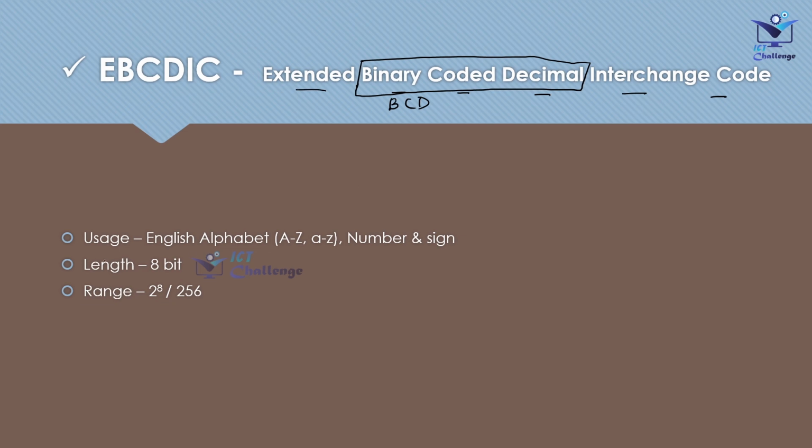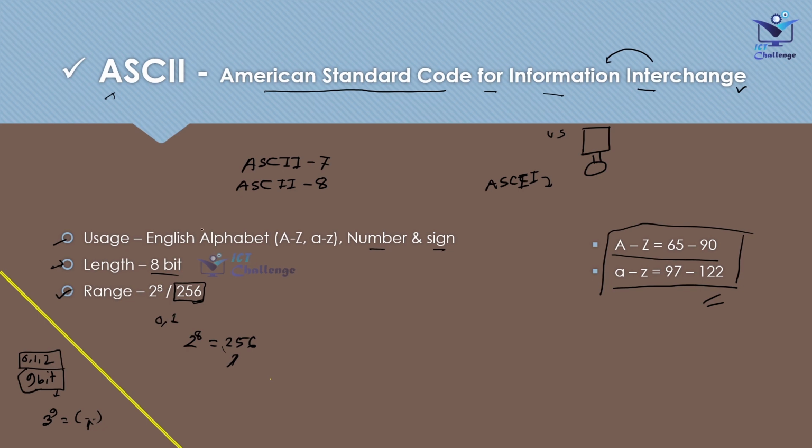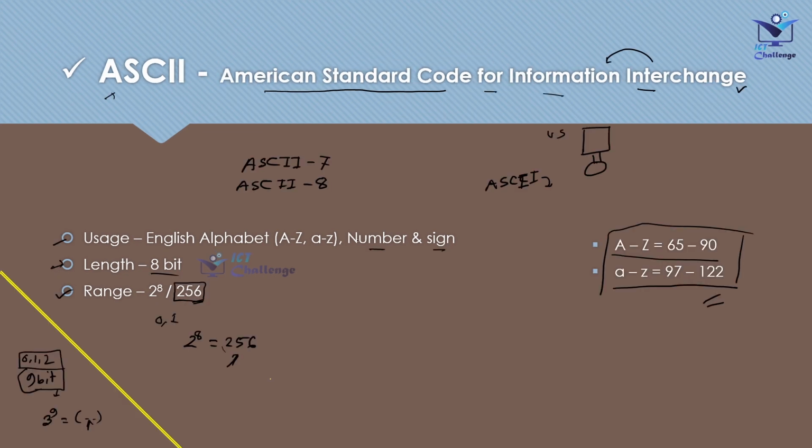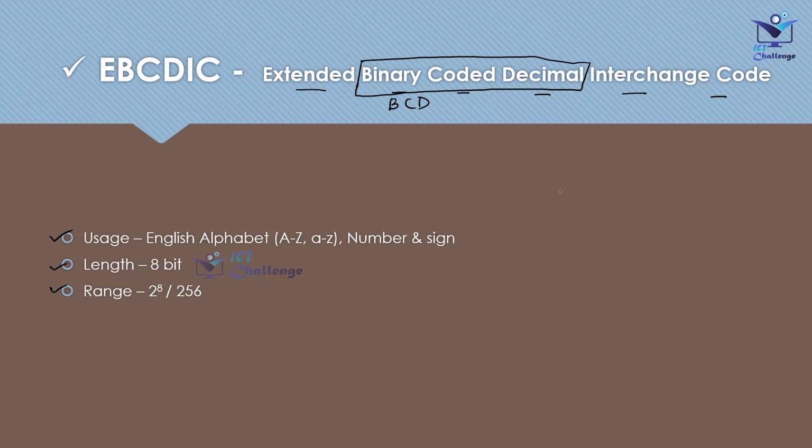The EBCDIC code is also used for the English alphabet, same as ASCII. So English alphabet A to Z, numbers and signs also have 8 bits, and the range is also 2 to the power 8, that means 256. But in this coding system, for capital A to capital Z, we don't use 65 to 90.